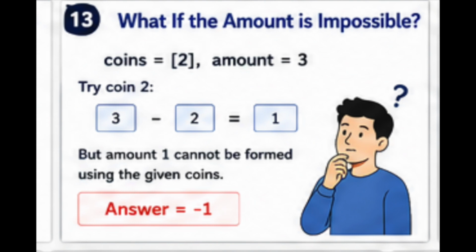So we need some way to tell our program this amount is currently impossible. We can initialize our dp values to a value that represents infinity or something larger than any possible answer. Then, if the target amount remains impossible after checking every coin, we return -1. We will see exactly how we implement it in code.